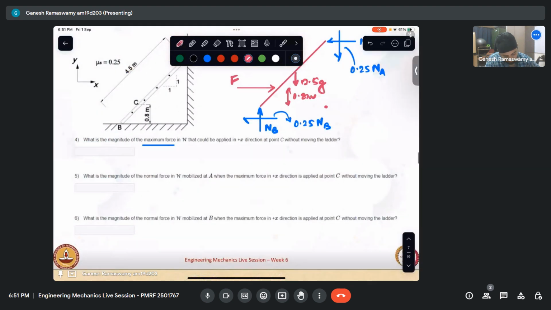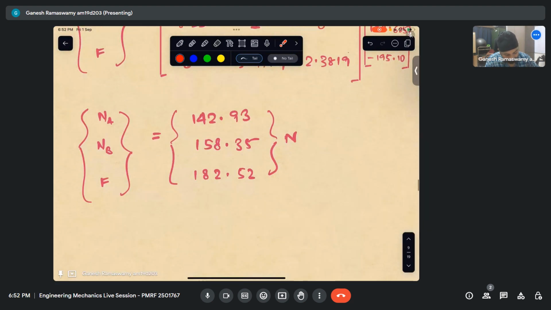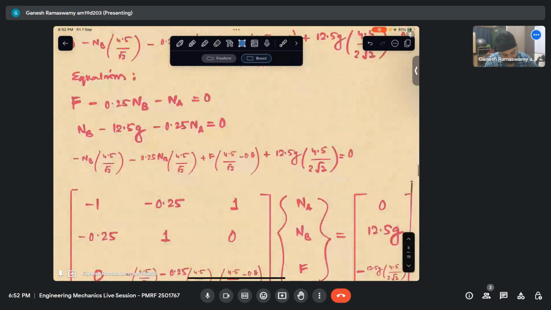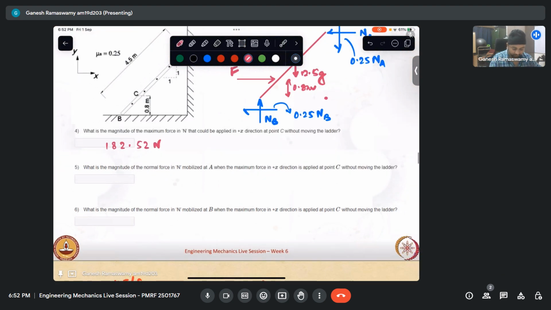What is the maximum force that can be applied in the plus z direction so that the ladder doesn't move? We took that force to be F, and F has come out to be 182.52. So we have this as 182.52 Newton. What is the normal force at A mobilized when this maximum force is applied at point C? What is the force mobilized at B when this is so?